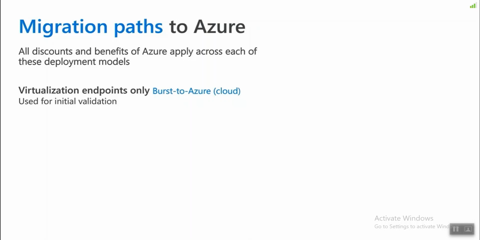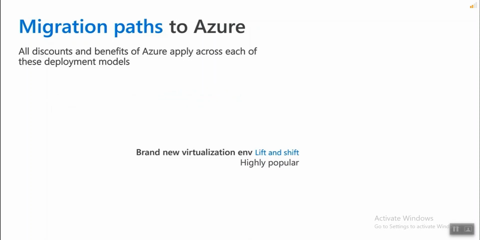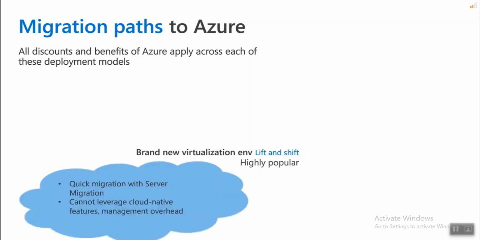The most popular migration path that we have seen to Azure so far is the lift and shift method. So what the lift and shift method does is it recreates every single resource that you have on-prem on Azure. And you use a homegrown tool, which is the Azure Site Recovery that Microsoft owns, to do the actual lift and shift migration process.